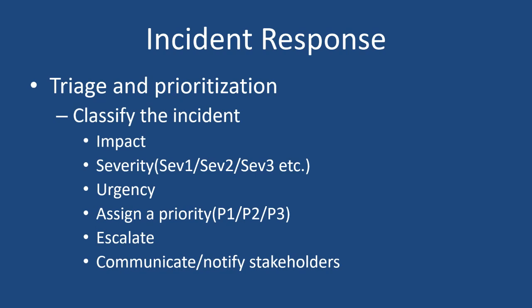What is the urgency of bringing it up according to business? Then you assign a priority. What is the priority that you want to assign to the incident based on the value it has to the business? Then you need to escalate the incident to the relevant team, and you need to communicate to the stakeholders. You need to notify them that an incident has occurred.